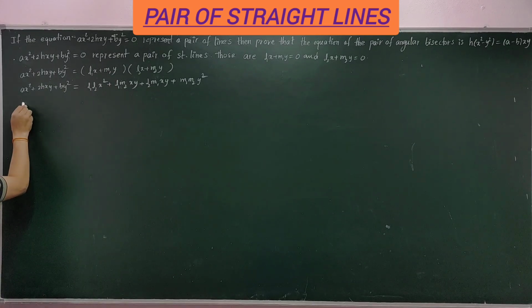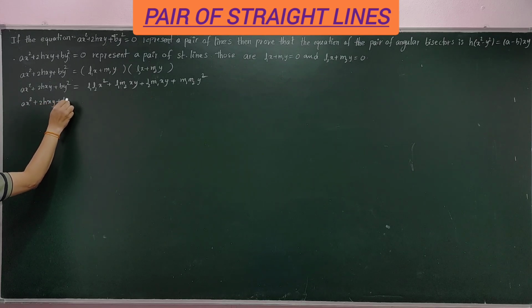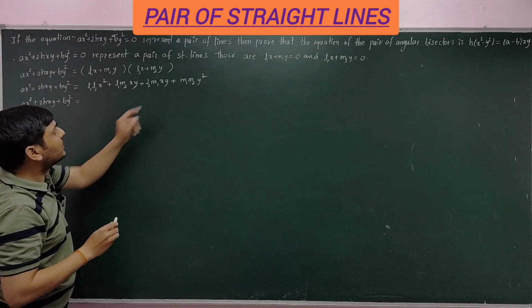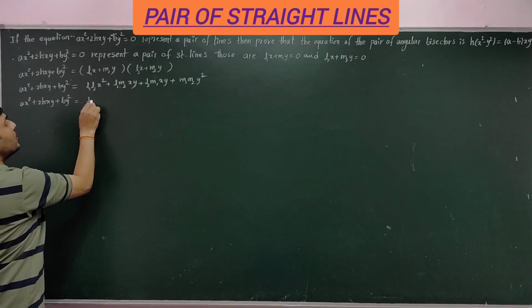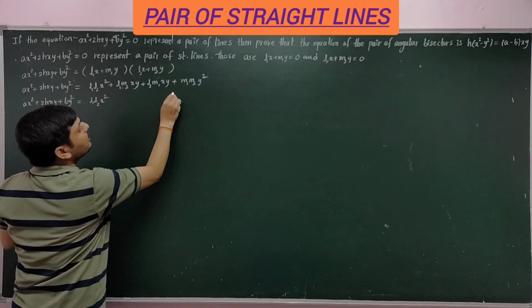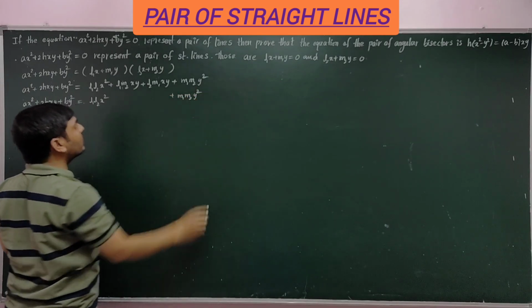The left side is written as it is: ax square plus 2hxy plus by square equals 0. On the right, the L1 L2 x square term is written as it is, and the last term M1 M2 y square is also as it is.